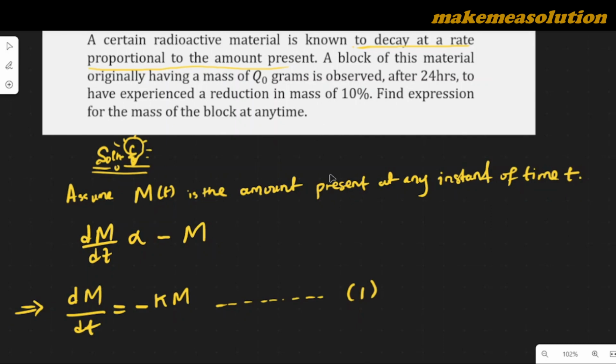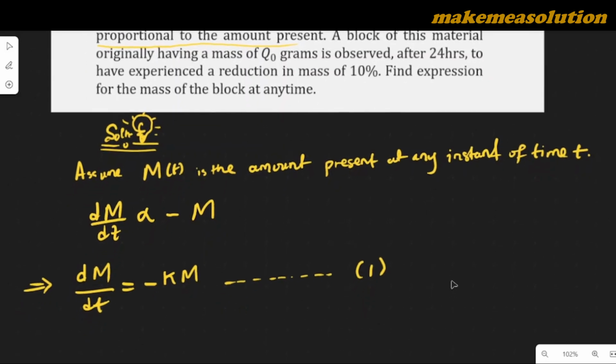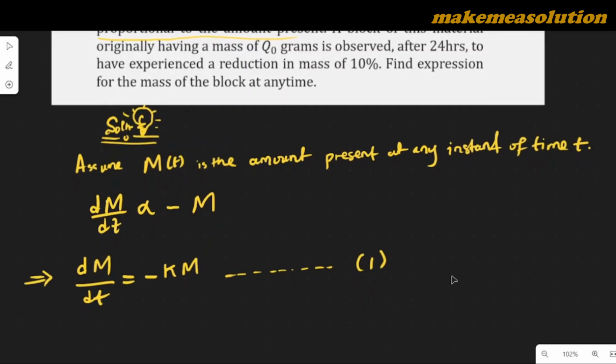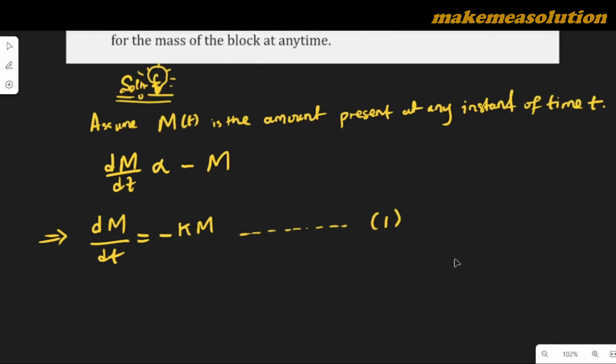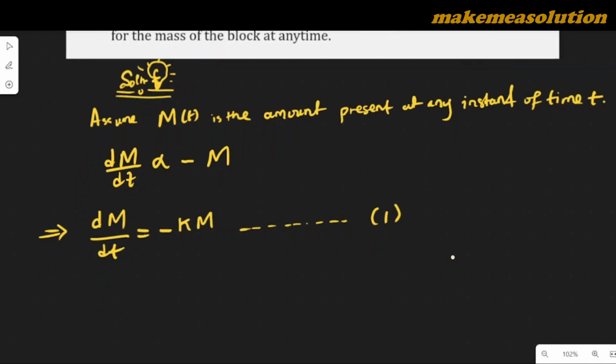So they said a block of this material, originally having a mass of Q0 grams, is observed after 24 hours to have its mass reduced by 10%. So find an expression for the mass of the block at any time. Now, from this equation 1, we can separate variables.